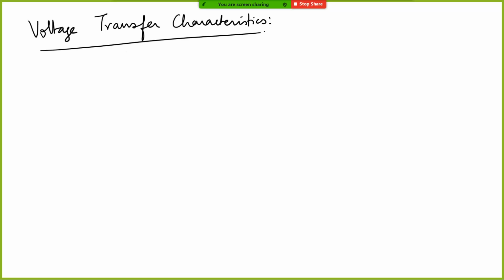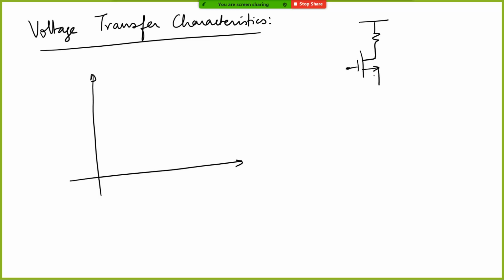Now, I want to talk about what is called voltage transfer characteristics. Okay. So basically, this is a fancy name for understanding what happens if you take a simple, let's say, common emitter type, sorry, common source type circuit.